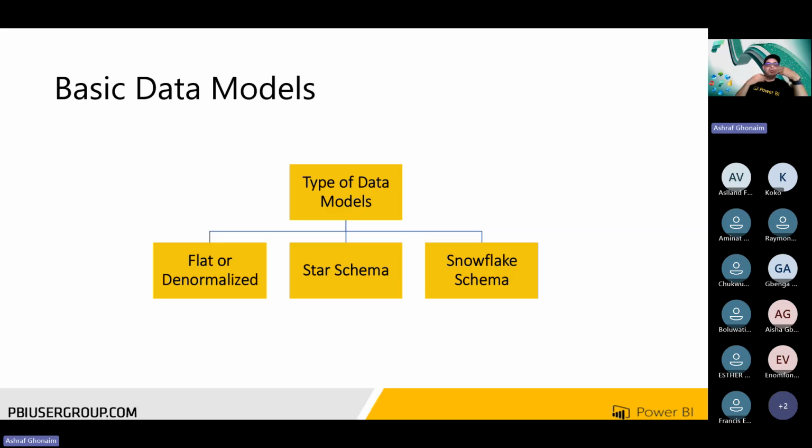You have all the information in the table, but at the same time, it causes the size of your table to become so big, and the amount of redundant information is so big as well. This can increase the size of your table and also have a negative impact on the performance of your report, because you have to process very big data with millions of records, many of which repeat the same information over and over again.